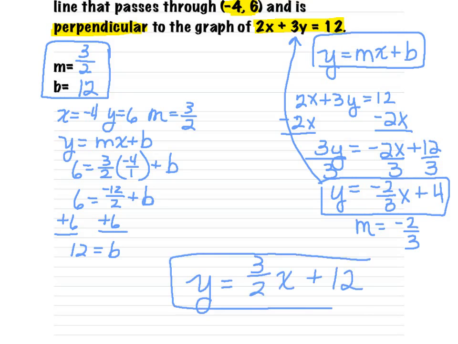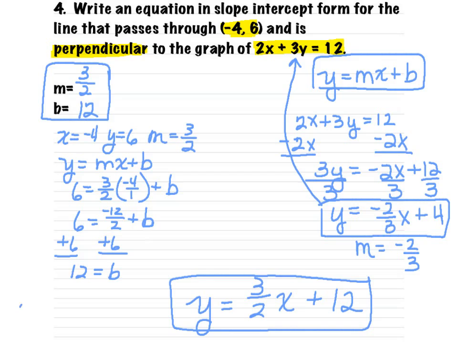This is the equation of a line that goes through -4, 6 and is perpendicular to the graph of 2x plus 3y equals 12.